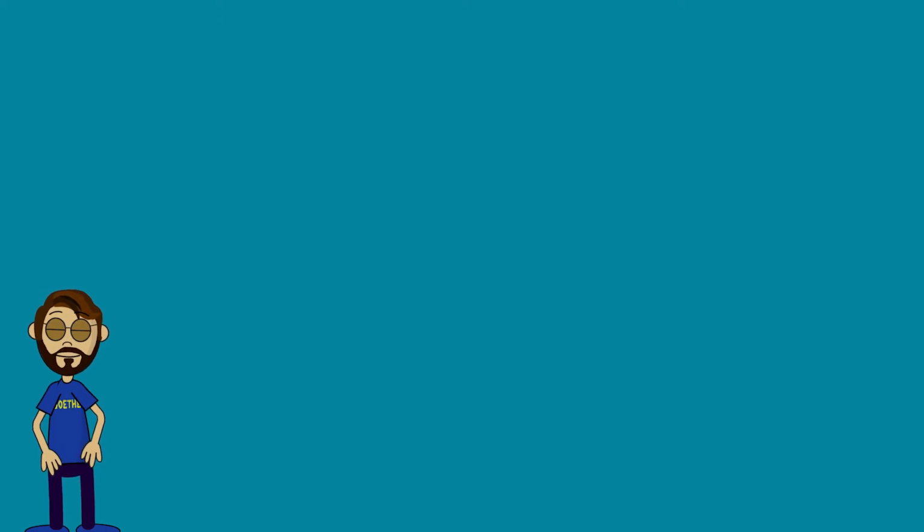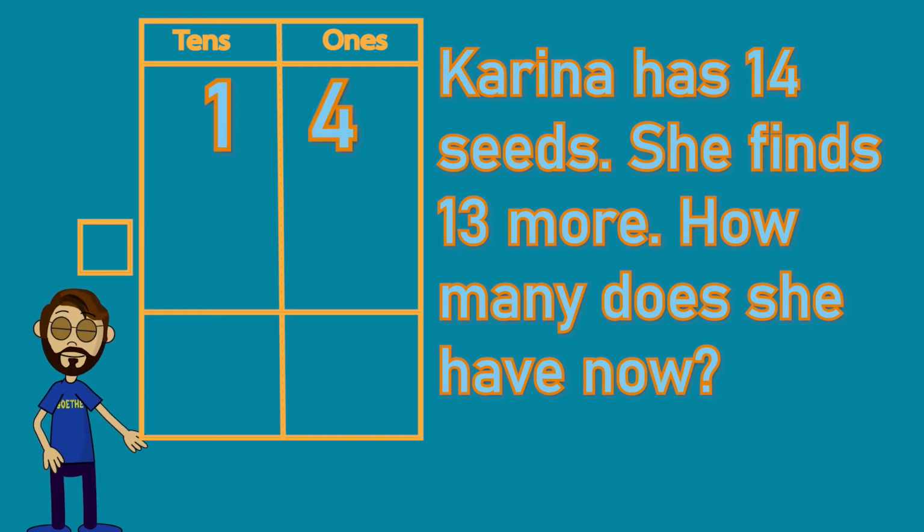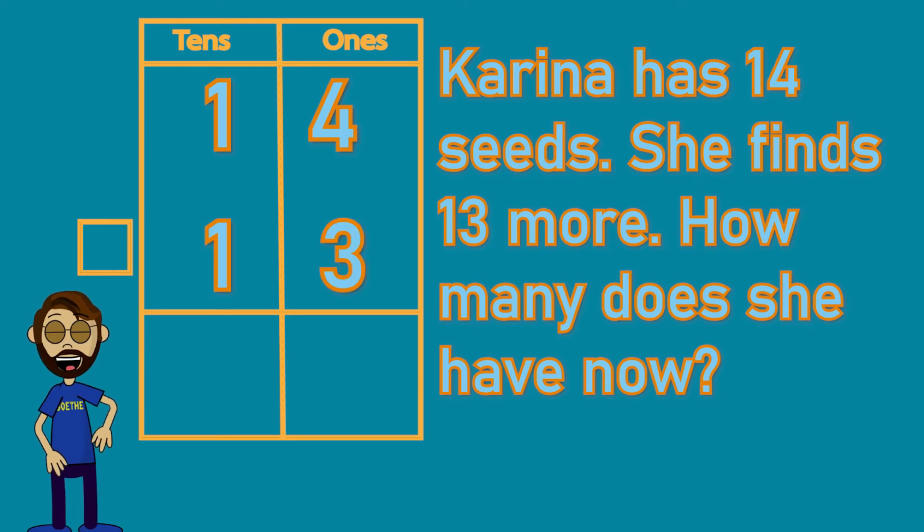Last problem. Karina has 14 seeds. She finds 13 more. How many does she have now? So in 14, we have 1 10 and 4 ones. In 13, we have 1 10 and 3 ones. And since she's finding more, we're going to be adding them with a plus sign.